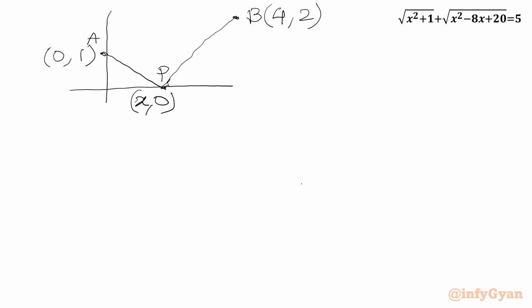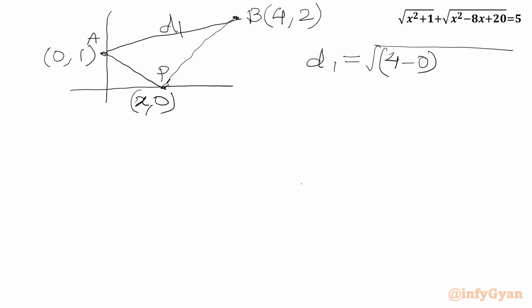Now if we find the distance between point A and B, suppose this distance is d1. So using the distance formula, we will get square root of x2 minus x1 whole square plus y2 minus y1 whole square. 4 minus 0 is 4, 4 square is 16, we will write 16 plus 2 minus 1 is 1, 1 square is 1.